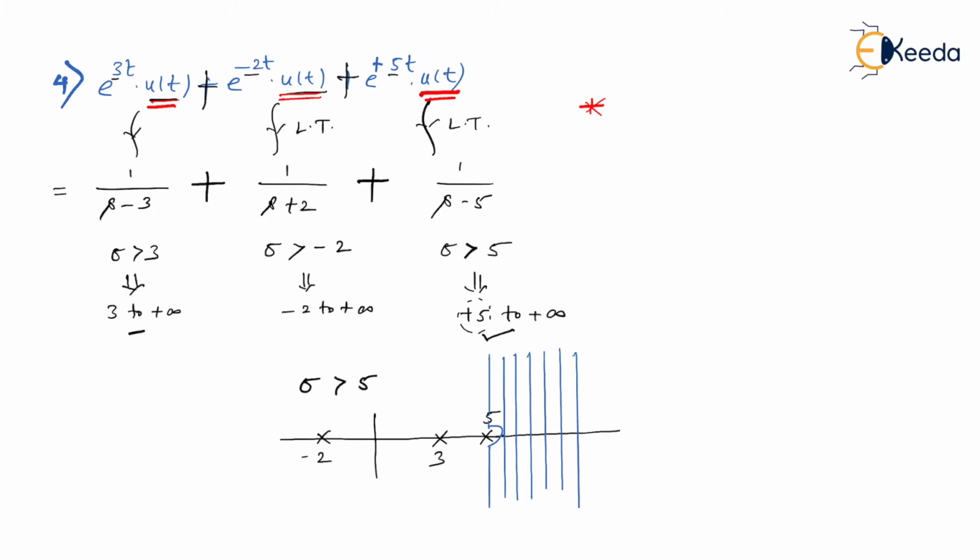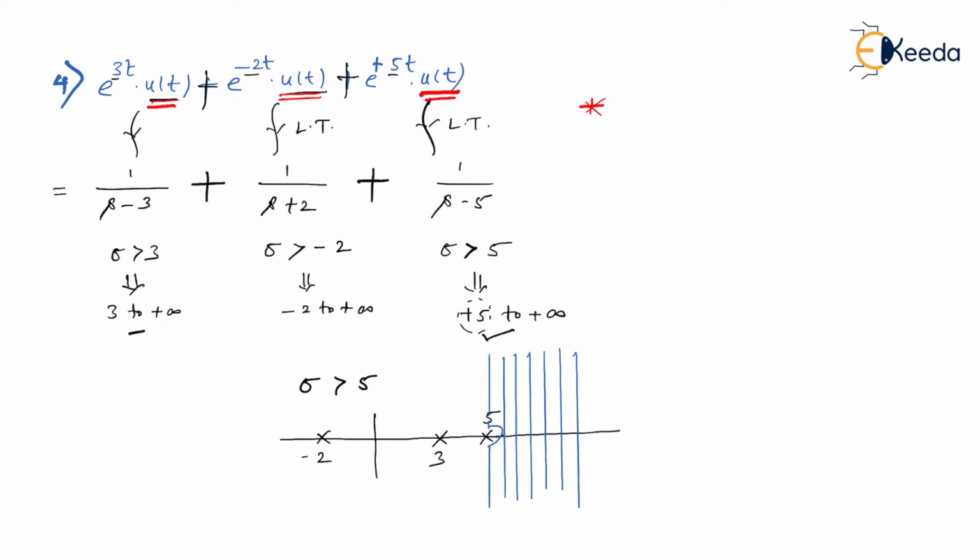Whenever you multiply with u of t, it makes sure that your signal is a right-handed signal. I repeat, whenever you multiply any function with u of t, the resulting function is a right-handed function. Any signal that is right-handed, that is, 0 for t less than 0, is known as a causal function.